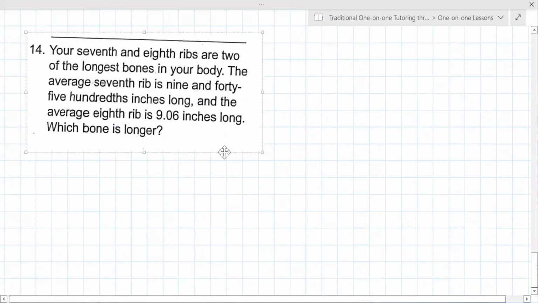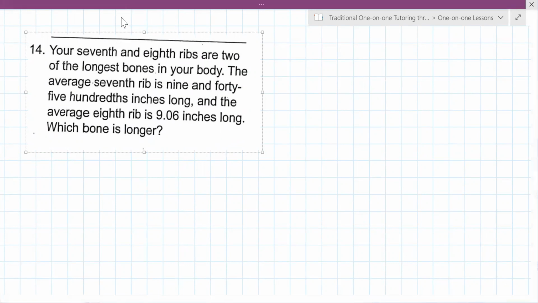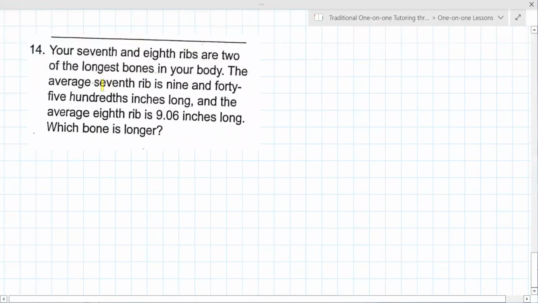Okay, your 7th and 8th ribs are 2 of the longest bones in your body. The average 7th rib is 9 45 inches long, and the average 8th rib is 9.06 inches long. Which bone is longer? So you have to be able to convert the number here, 9 45, to a decimal.